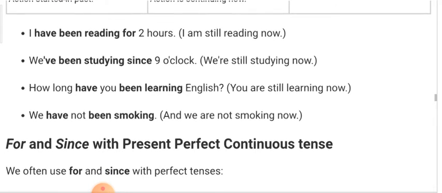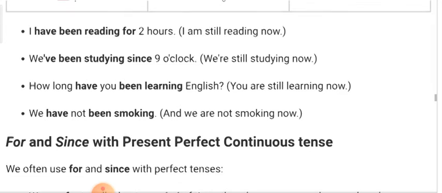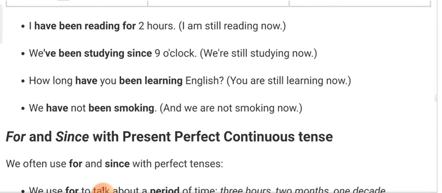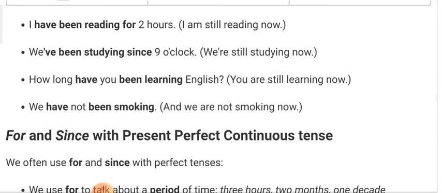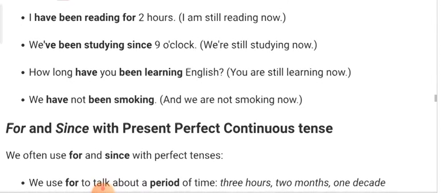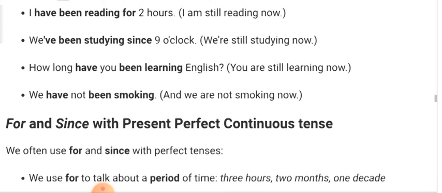How long have you been learning English? That means you are still learning English now. The situation is telling about now. We have not been smoking means at the moment we are not smoking. So you have to remember that thing.